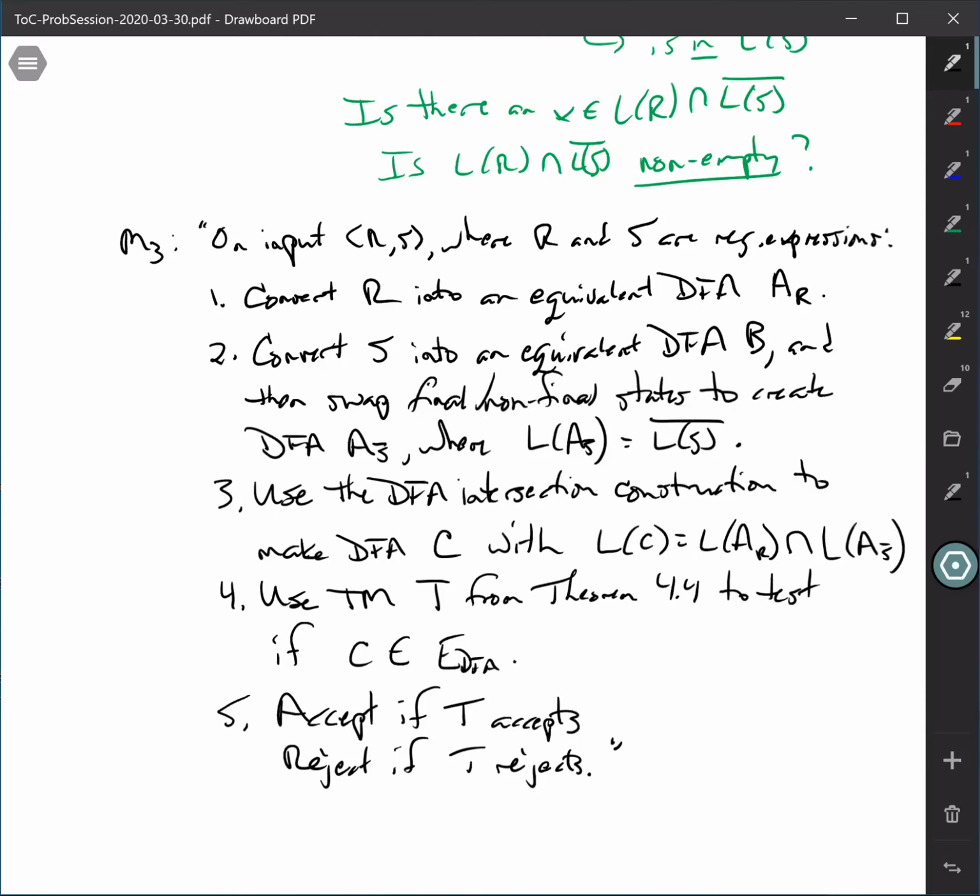It's something that's in the language generated by R, but not in the language generated by S. And so that counterexample means that our intersection set would be non-empty, and that's why this works. All right, other questions?